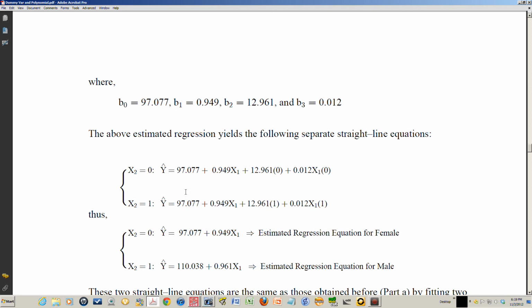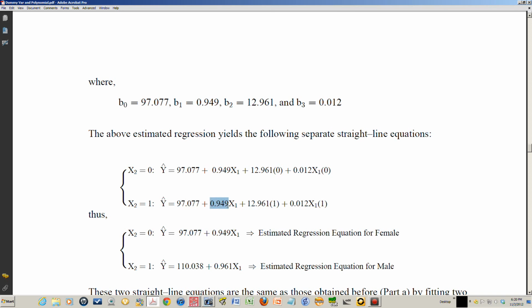And then if I put 1 for x2, remember x2 is a dummy variable. So here we have the constant. x1 is already age, is fine. You see I put the 1 here and 1 there. So this becomes 12.961. So I add this 97 and this 12 together, I get 110.